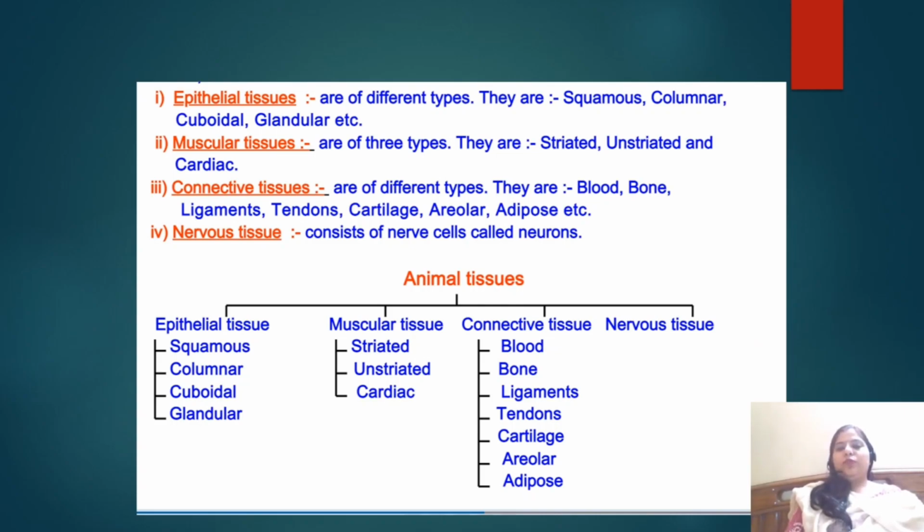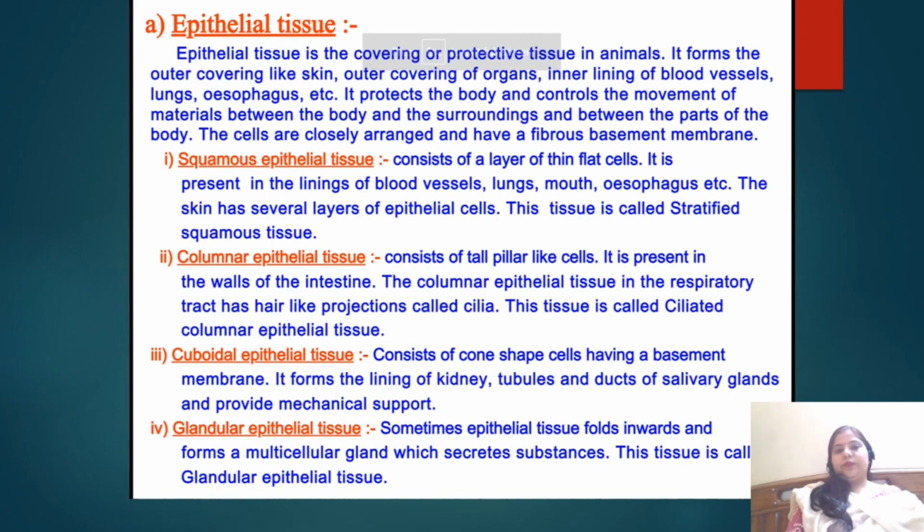So let's move on to the next part, epithelial tissue and its types. We will discuss their locations and structure. Epithelial tissue is basically a covering or protective tissue. Wherever there is a function of protection, epithelial tissue will be there.